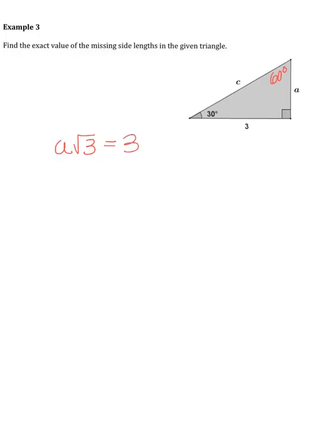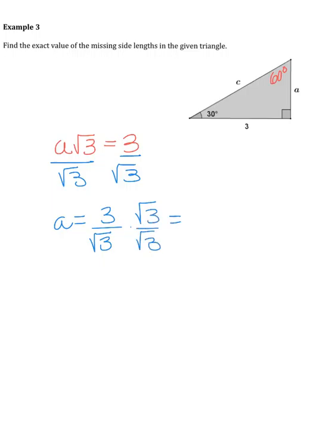So we're just going to solve this equation for A. We can't have a denominator with a radical, so we are going to rationalize it. So we get 3 radical 3 all over 3. Those cancel out, and I just get radical 3. So this is radical 3. And C is just take what that value for A is, radical 3, and multiply a 2 to it.